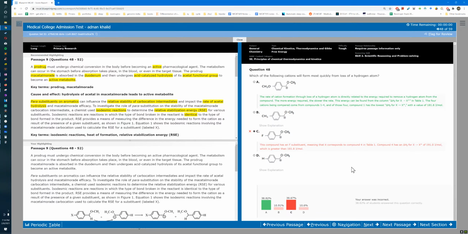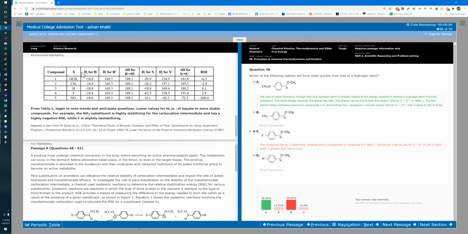This one, I went pretty fast on these because I didn't really want to make sense of this table. But this one you could answer without the table, because we're just looking at, I could talk to you about electron withdrawing groups, electron donating groups, but this one they just really looked at the table.